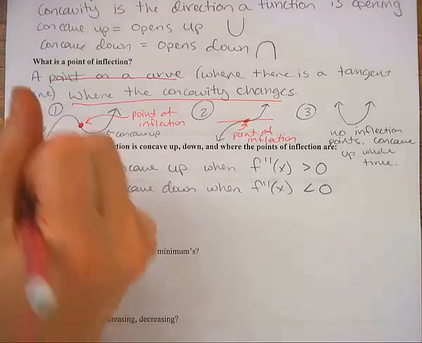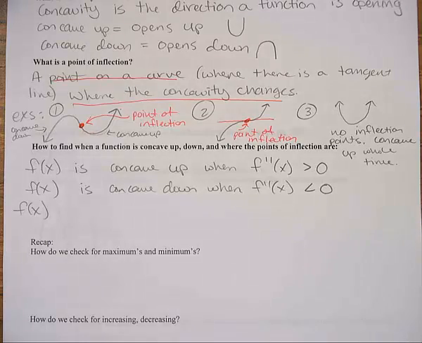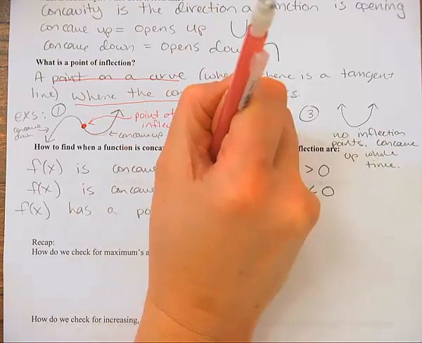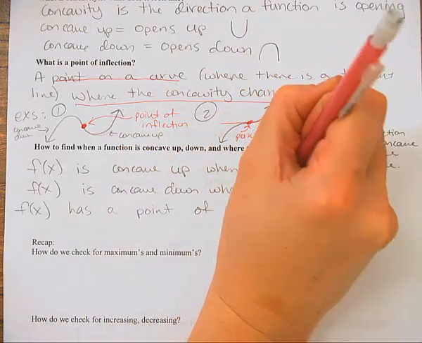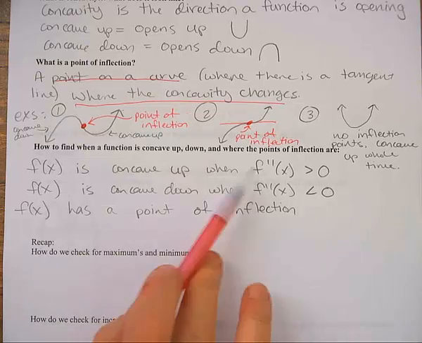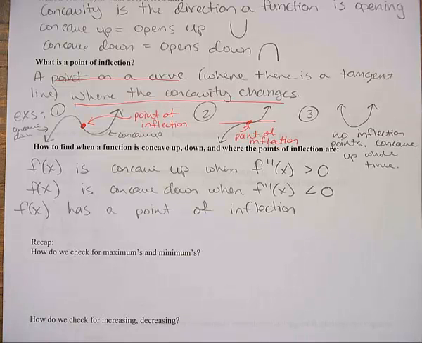And then the third thing probably follows from there. So f of x, remember, a point of inflection is when concavity changes. So f of x has a point of inflection when the second derivative changes from positive to negative, or vice versa, when it changes sign, because that's when it would go from concave up to concave down.